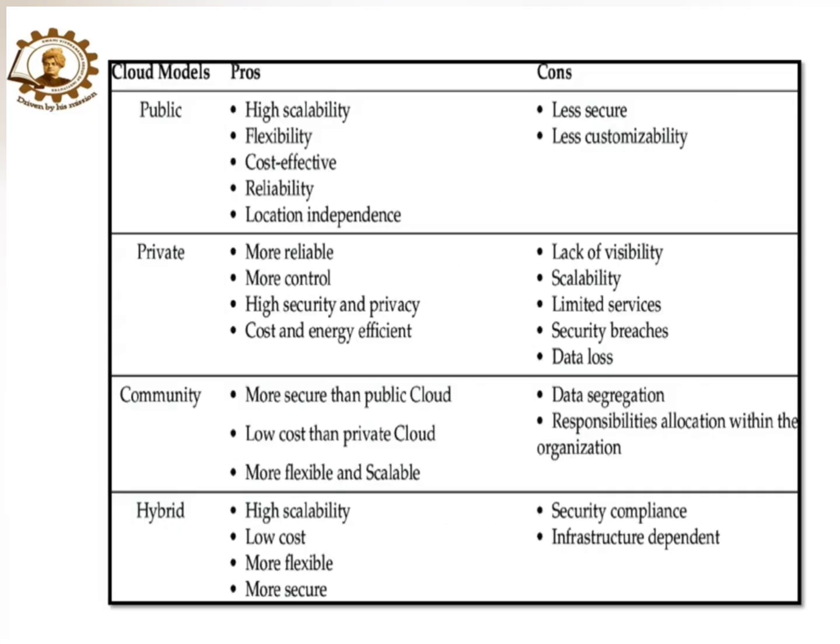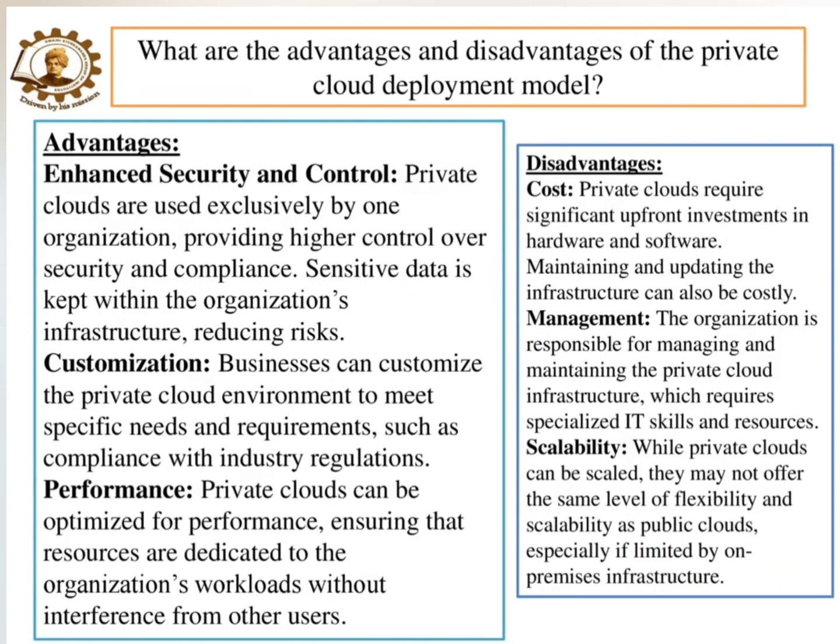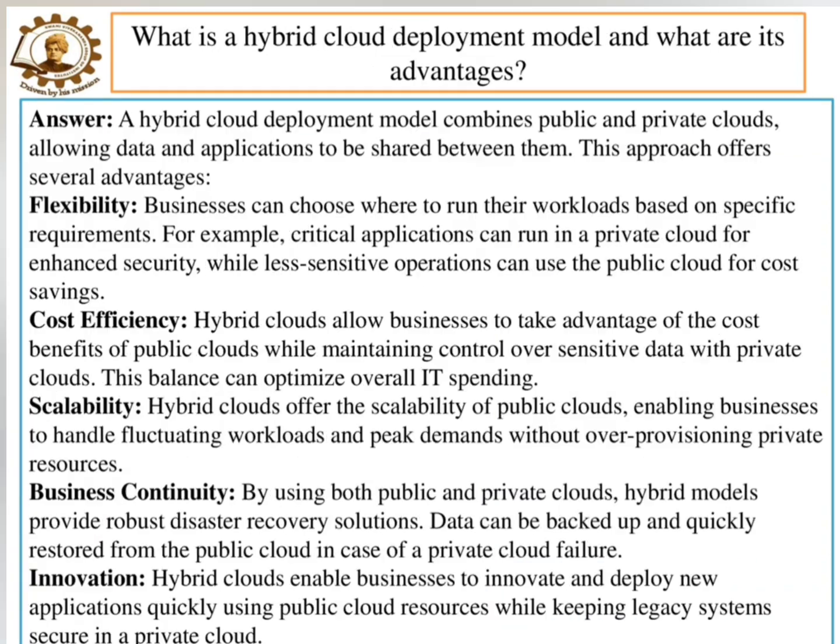Several universities could come together to create a shared cloud infrastructure for research purposes. This allows them to pool resources for computationally intensive tasks while maintaining control over their data. Community clouds are a less commonly used type, but offer benefits for specific use cases.